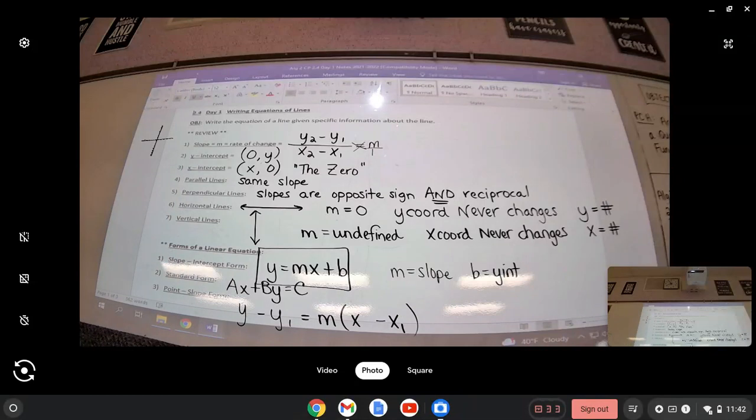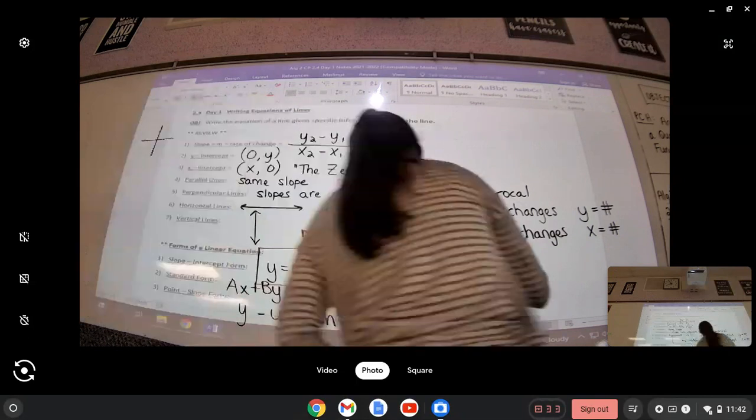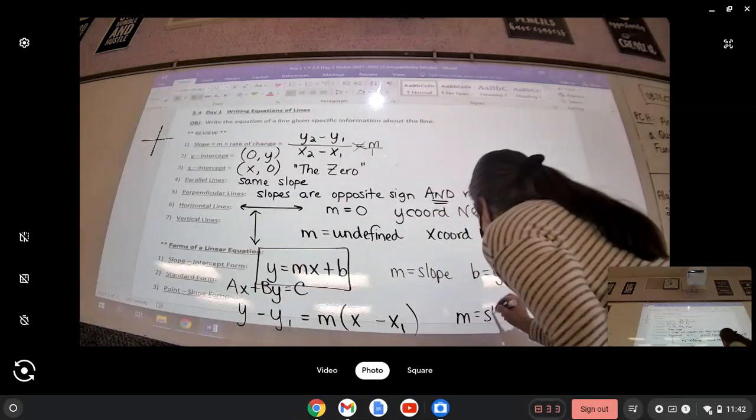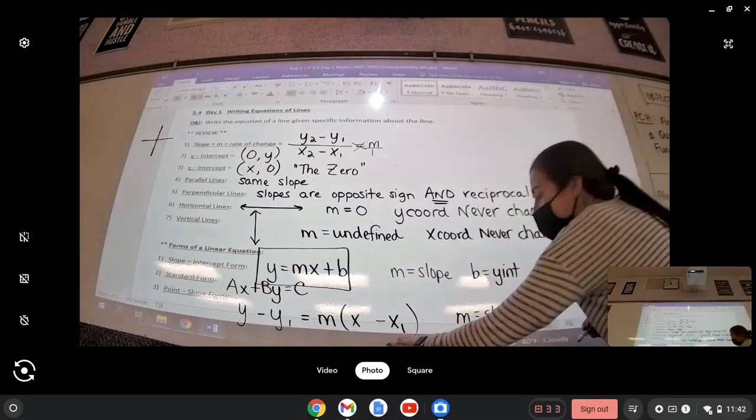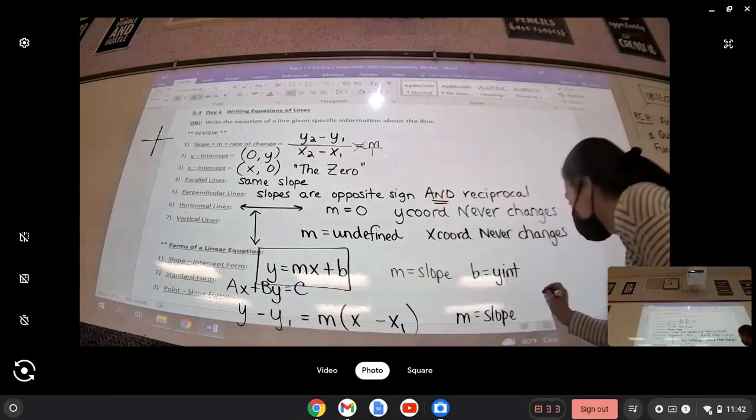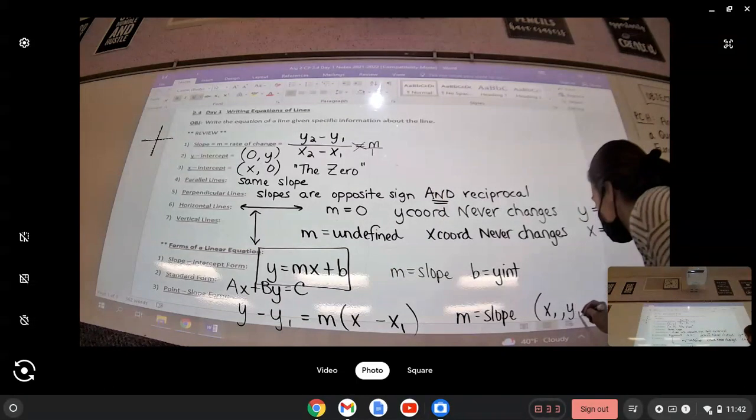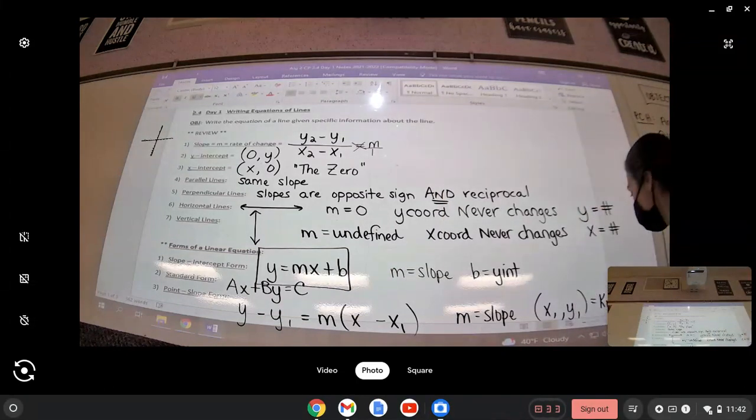And it's for you guys to use when they tell you about a slope and a known point on the line. Because m will represent the slope, and then x1 and y1 represent a known point. Like they would have to say, hey, your line goes through the point 2, 3. And then x1 would be 2 and y1 would be 3.